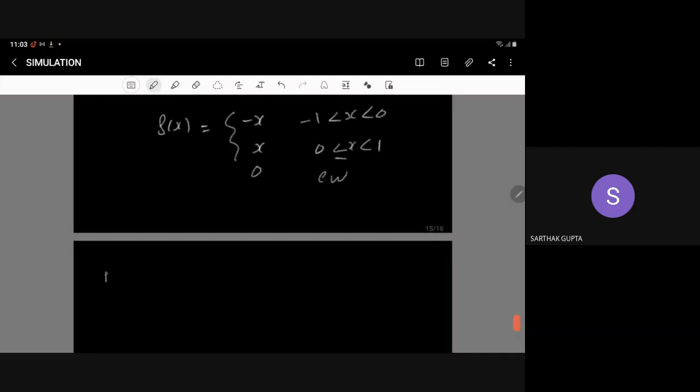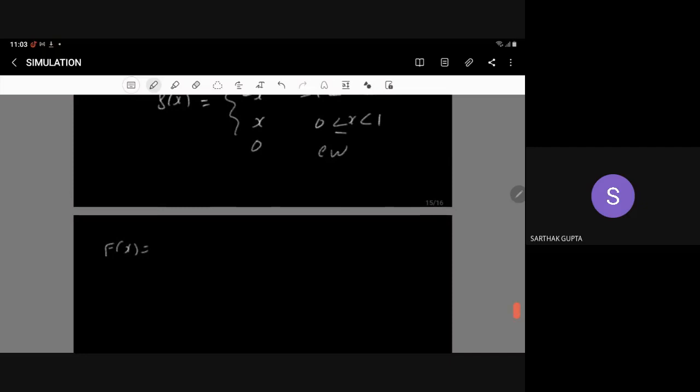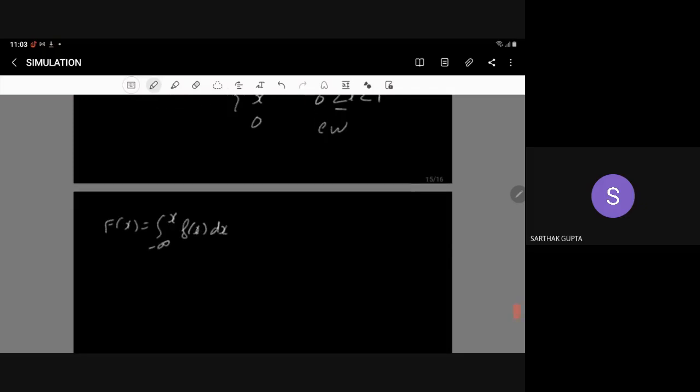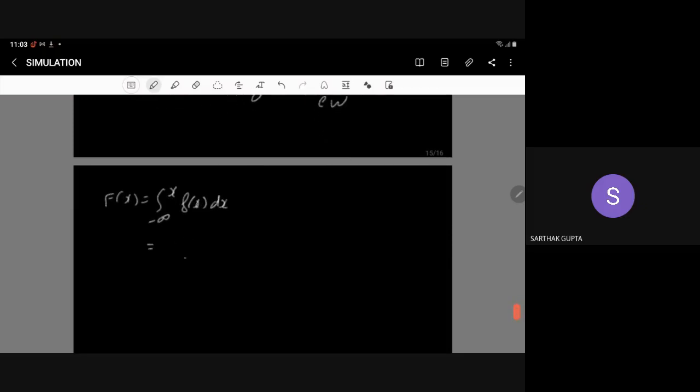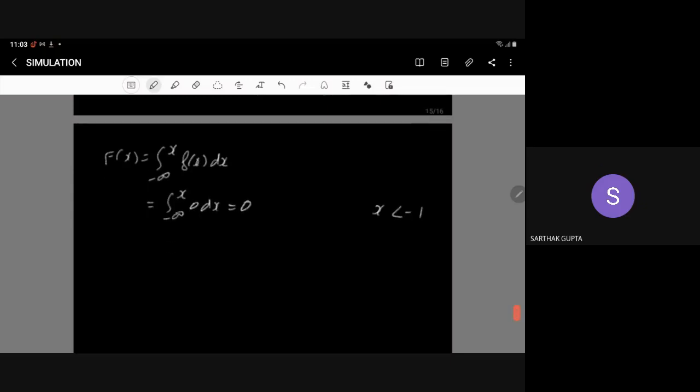So when we compute the Fx, so Fx is what? General formula is integral from minus infinity to x of fx dx. So if we have to compute for the range x less than -1, it will be integral from minus infinity to x of 0 dx, so it will be 0.